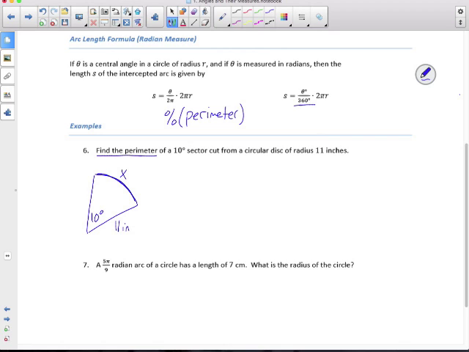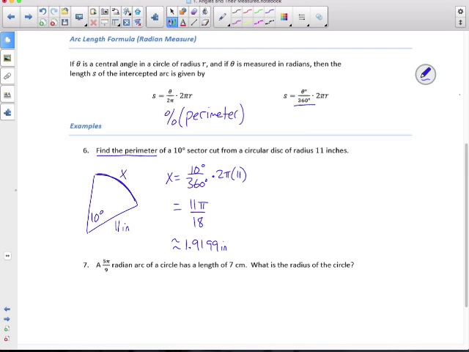So first, I need to figure out what the length of this arc is. So I know that it's 10 degrees over 360 degrees. The units of degrees will cancel out here, times 2 pi 11. Okay, so we use our calculators to help us simplify this down. I believe we get 11 pi over 18, which we can approximate as 1.9199 inches.